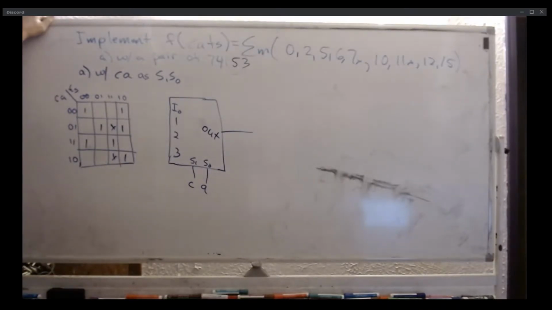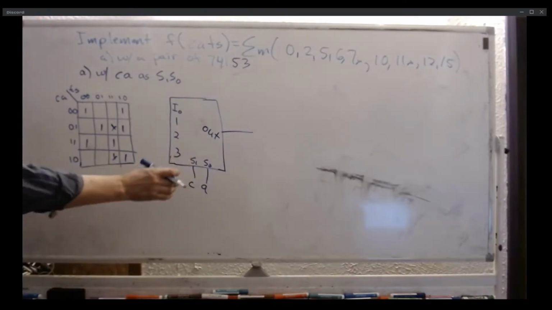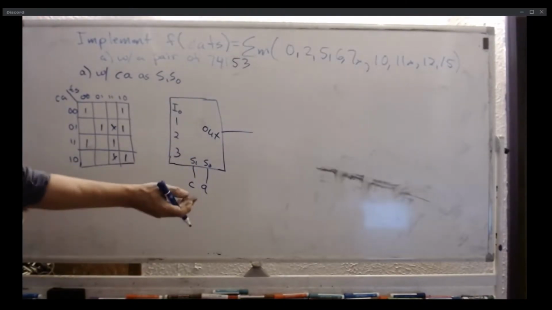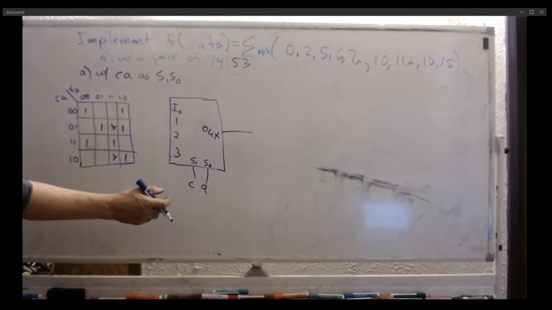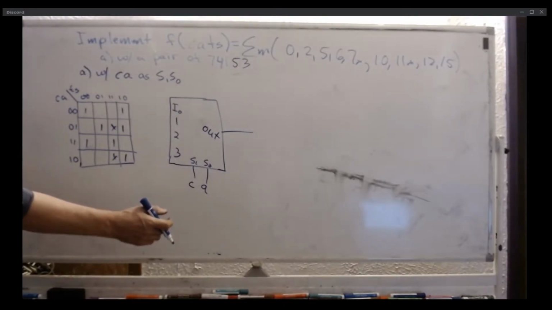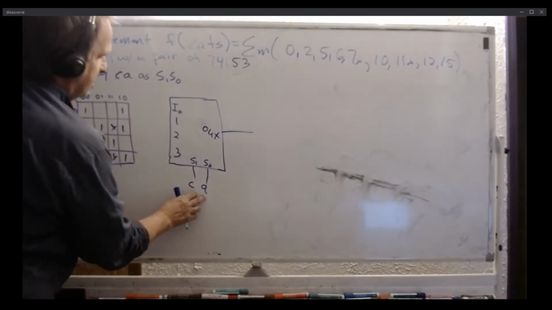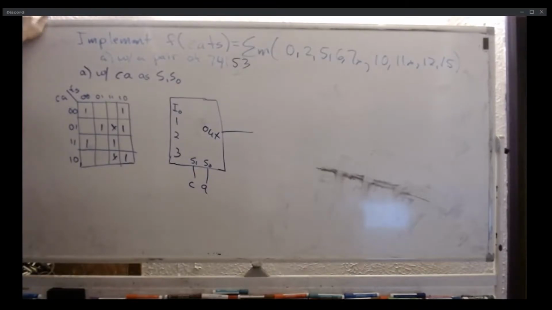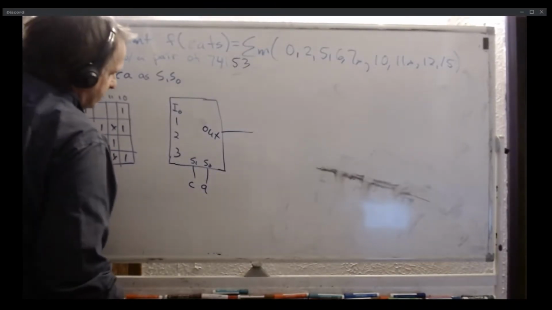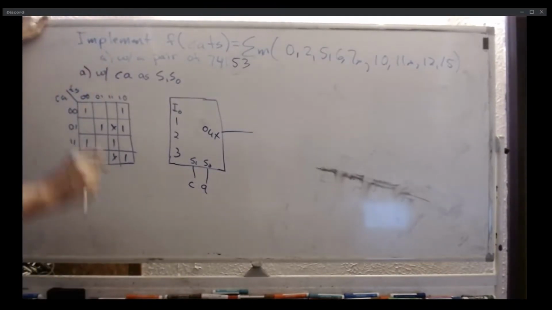Okay, guys. Do you get a Karnaugh map that looks like this? Did I screw anything up? It looked good. So, we're saying that CA is the select lines, right? So if C and A are both off, where are we on the Karnaugh map?